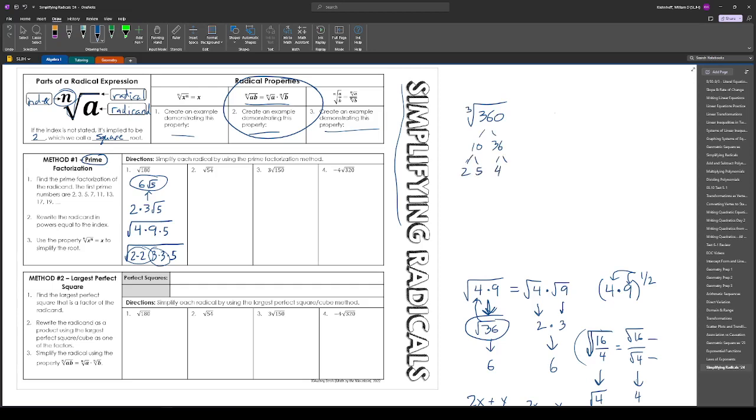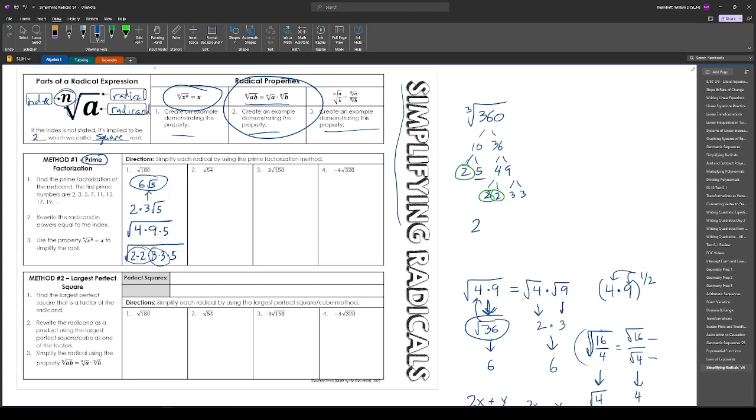But instead of looking for 2 of a number to make a perfect square, now we need a set of 3 of the same number to make a perfect cube. So we have 2 times 2 times 2. So our cube root is going to turn those into a regular 2. That's our first property. We're doing the cube root of a cube, and we get a regular 2.